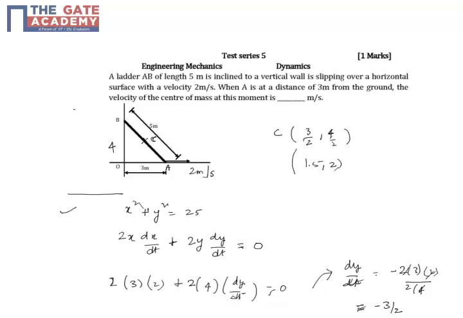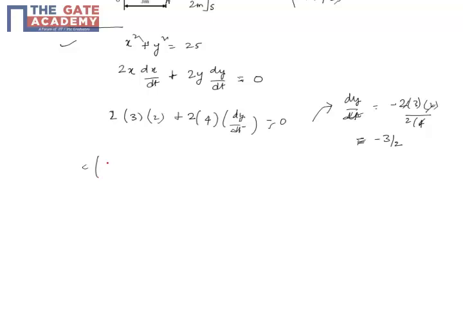Now the center of mass velocity: obviously the coordinates at any point will be x by 2 and y by 2. That is the coordinates in terms of x and y. So the velocity would be, in x direction, x dot by 2, differentiating with time, and in y direction the velocity will be y dot by 2, and the net velocity magnitude will be the resultant of these two.